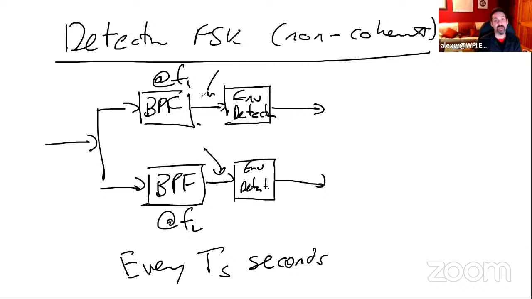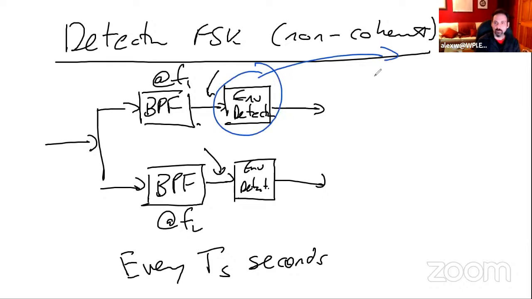We're not going to get something at both f1 and f2. If something is at f1, the other one's going to be 0, and if something is at f2, the other one's going to be 0. What the envelope detector does is it takes the sinusoid and turns it into a constant voltage level. Remember, in this case, information is only encoded into frequency, so the amplitude should be equal to a constant.